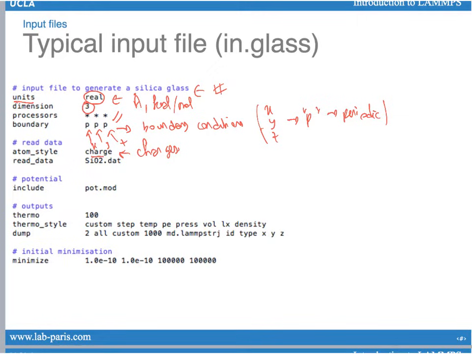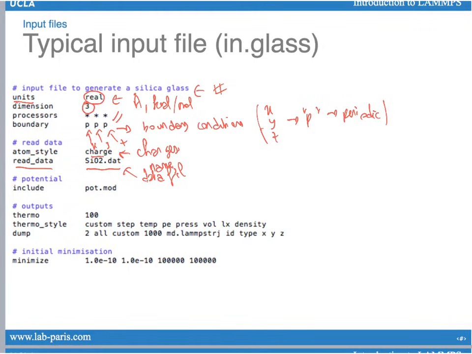The next step is to tell LAMMPS what is the initial configuration. So we already put the initial configuration into the data file. So what we just need to tell LAMMPS is to read the data file by using this command read_data, and here put the name of the data file.